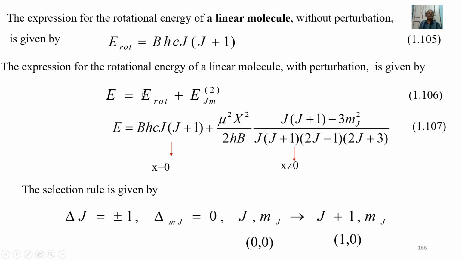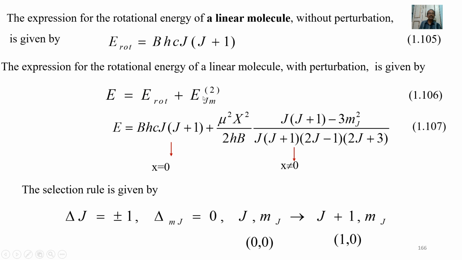Now, we know the expression for the rotational energy of a linear molecule without perturbation is given by this expression, which we have studied earlier, 1.105. The total rotational energy of a linear molecule with the perturbation is given as E equals E rotational plus the correction energy.